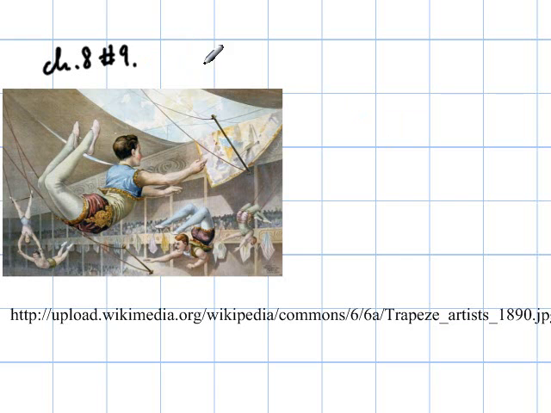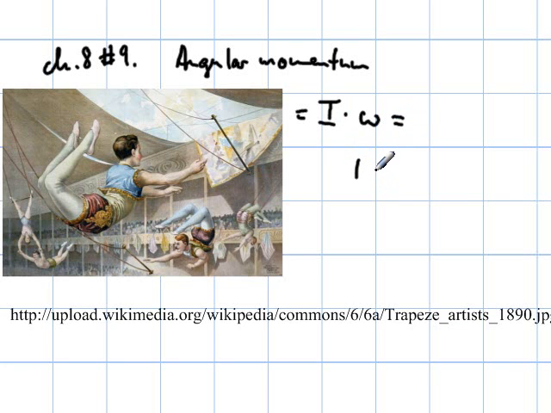So angular momentum is conserved, and angular momentum can be written as the rotational inertia times omega, which is the rotational speed, and this here would be once per second, which can be written as second to the negative 1.